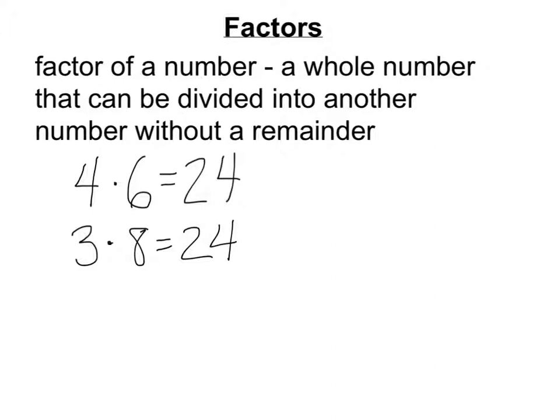If we continue like this until we find every possibility, we'll find all the factors of 24. The problem with this, though, is it'd be easy to miss something. So today I'm going to show you a method for how to find the factors of a number that should hopefully help you find every factor without missing any.